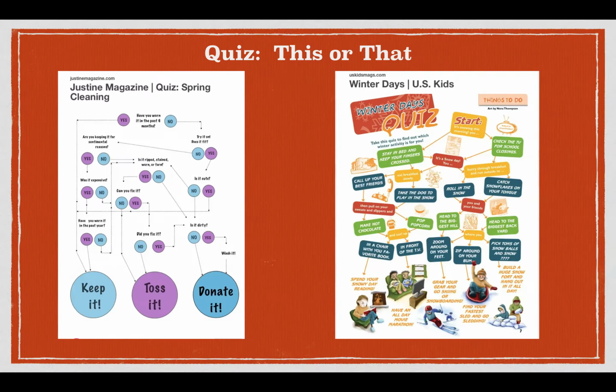Here's another example of the way you can tell a story on a page. We look at this and you see images or shapes or what have you, but really there's a story here. We've all seen these in our magazines where you start at one point and you choose one thing or another, and each choice you make takes you in another direction till you get to the bottom of the page, and you get some sort of answer from this.